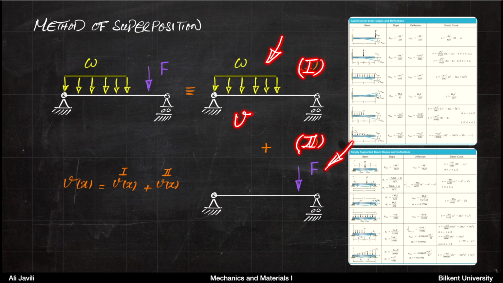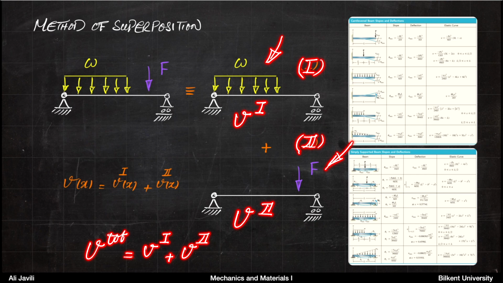You can then calculate the deflection function for system 1 and for system 2, and your total deflection would be the sum of the deflections from system 1 plus system 2.